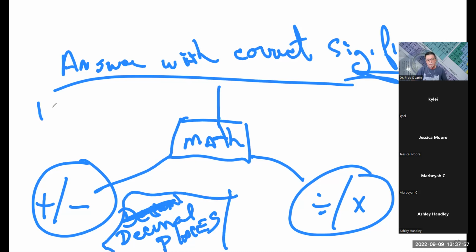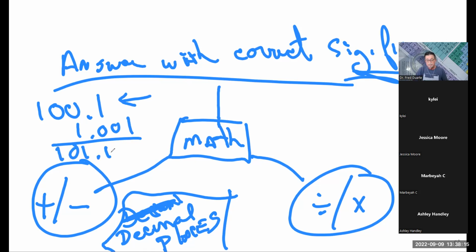So if I am adding 100.1 and 1.001, note that the first number, 100.1, only has one decimal place. Though I do the complete math, we have to truncate at the one decimal place. So our answer would be presented as 101.1, because that tenths position is a lot less precise than the thousandths position in 1.001.